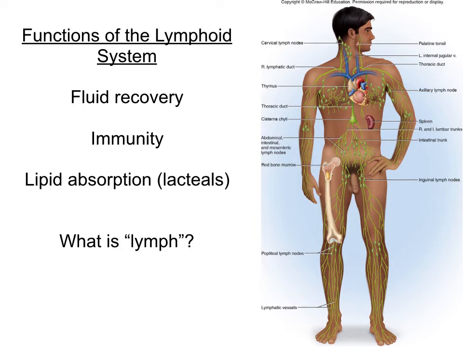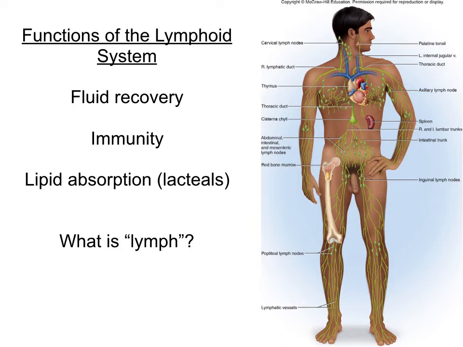These lacteals are responsible for absorbing your dietary lipids and bringing them into your lymph for transportation back to your blood. Now, your dietary lipids would include all of the different lipid types that you learned about in A&P1 and your lipid-soluble vitamins, your vitamins A, D, E, and K.